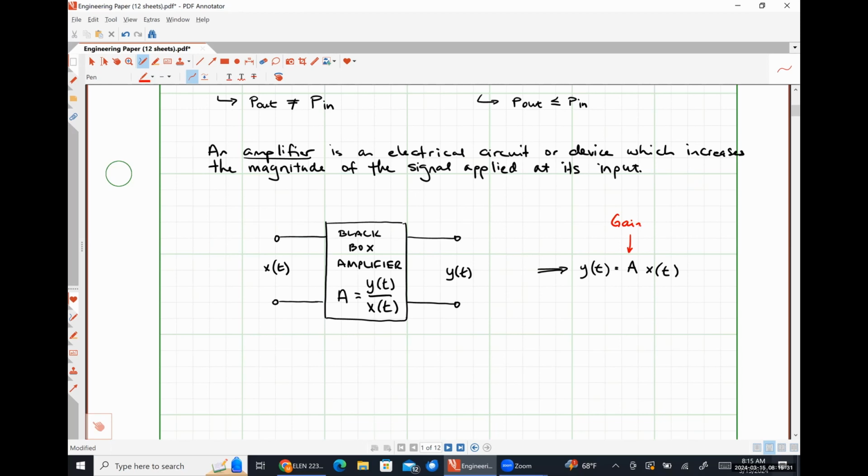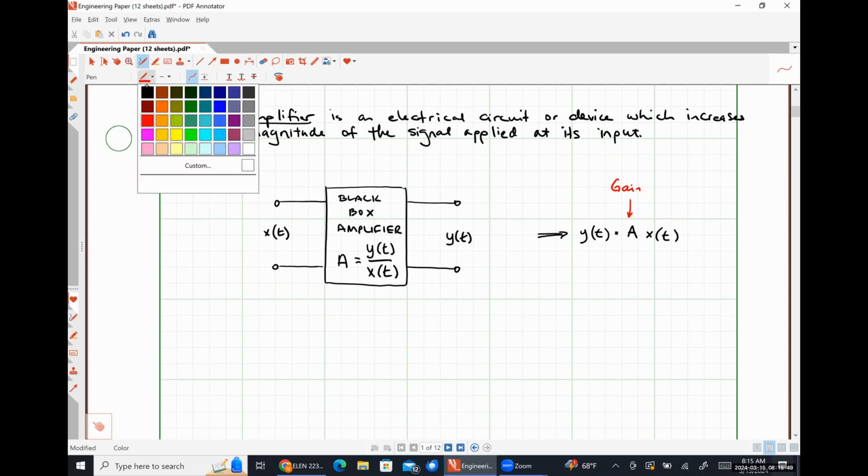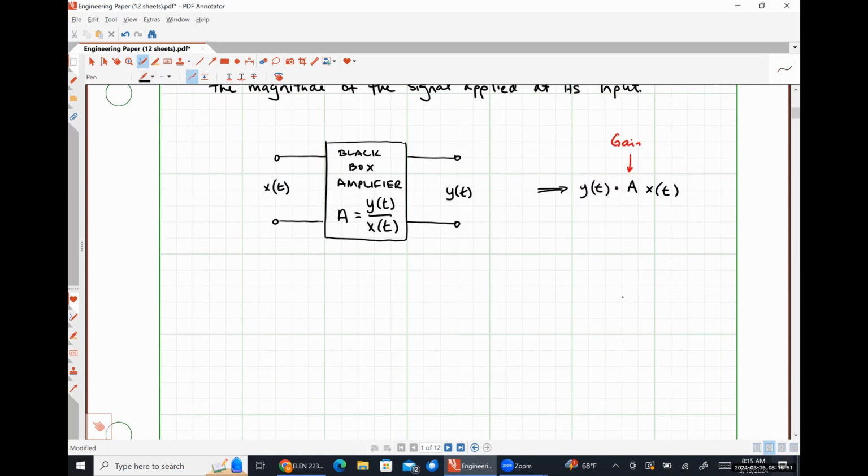Depending on what type of amplifier that we have, this gain may be responsible for converting a current to a current, a voltage to a voltage, a voltage to a current, current to a voltage, or power to power, okay? So there are lots of different types of amplifiers that we might see, and we can, generally speaking, characterize them by their input signal type and their output signal type.